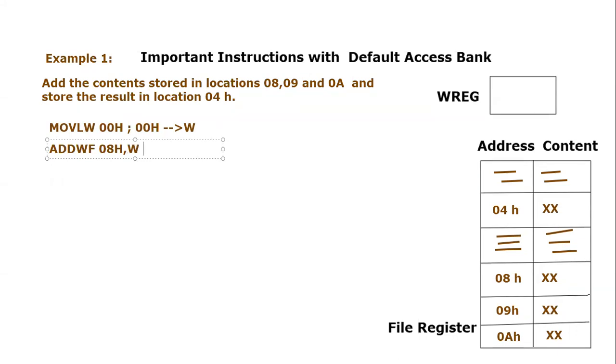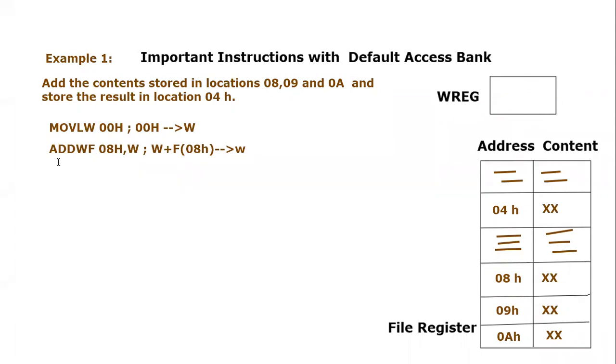So we are adding W plus the file register at 08H, and putting the result inside the working register. After this instruction, the content of the 08H location will be added, so the working register will hold the information stored inside 08.